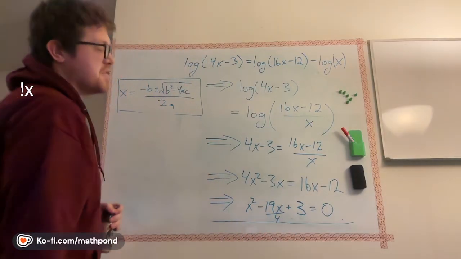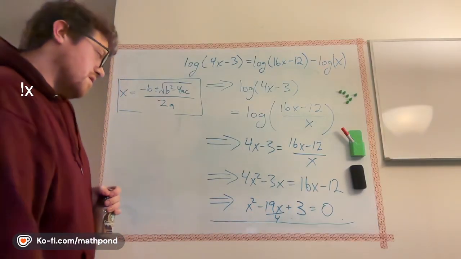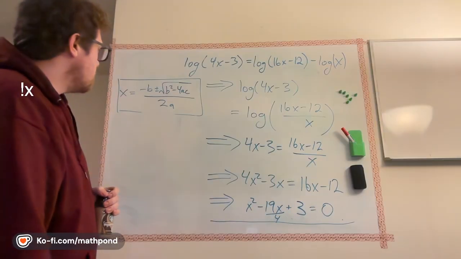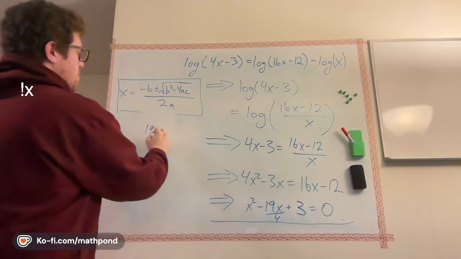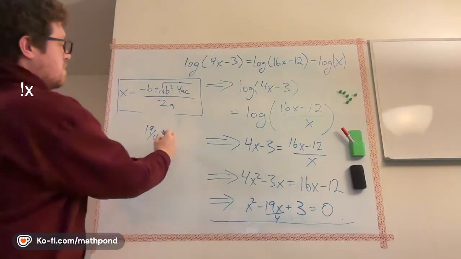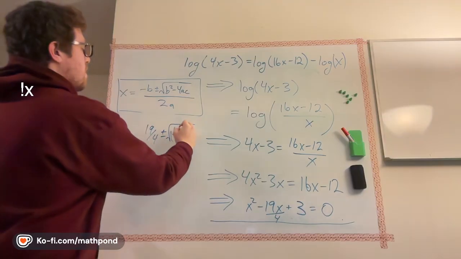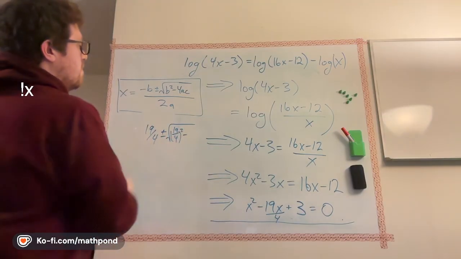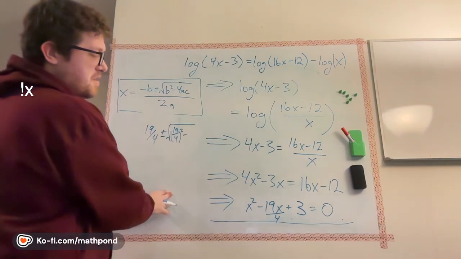I guess maybe that doesn't really help because you still have the annoying fraction in the middle. 19 over 4 plus or minus the square root of 19 over 4 squared minus 4ac. I guess maybe your method is easier to do in your head.